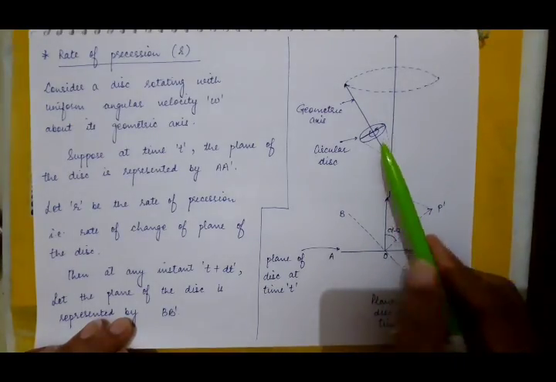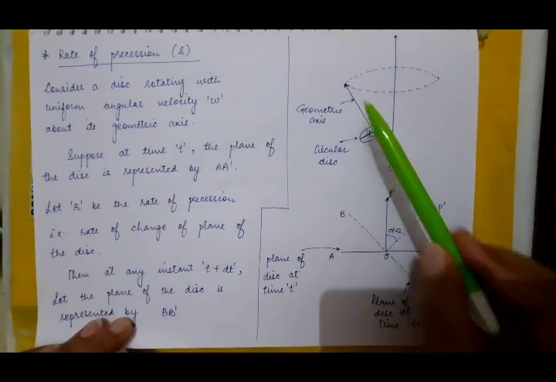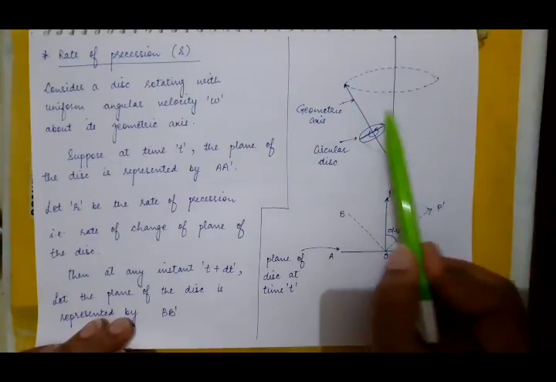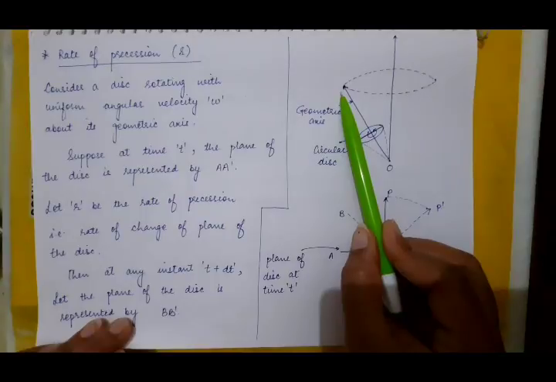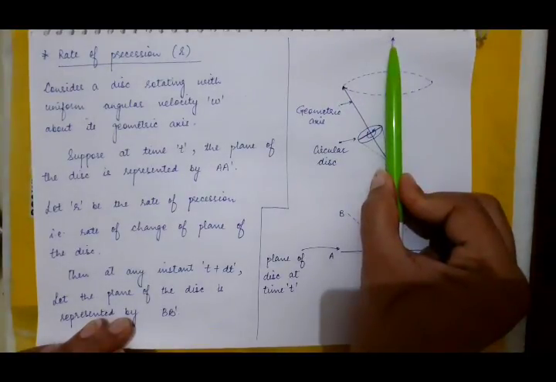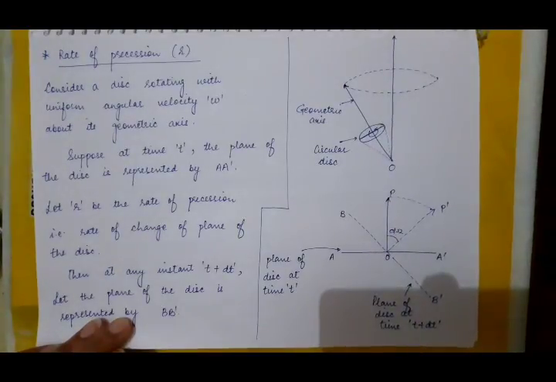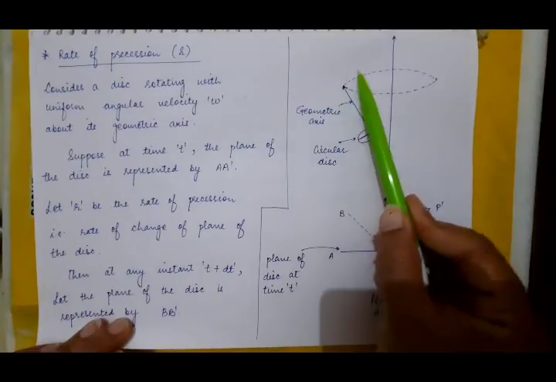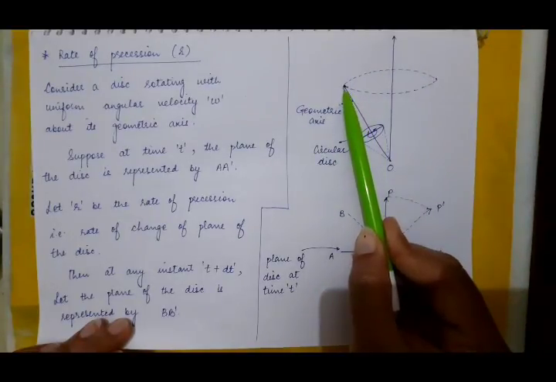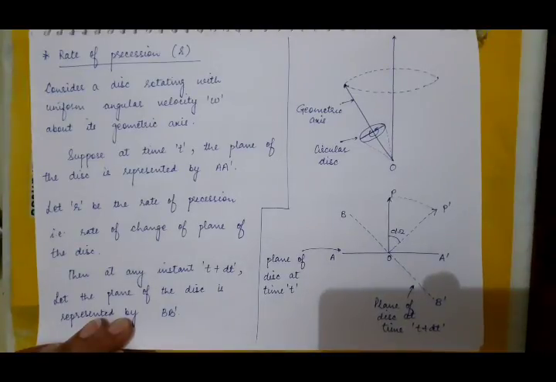Here you can see that because of the applied torque, this geometric axis will cover a whole circular path. It means during this circular motion or precessional motion about this axis, it will cover angle 2 pi. Or you can say that when this axis of rotation moves from this point and comes back again to this point, then what will be the total change in the direction of angular momentum vector?